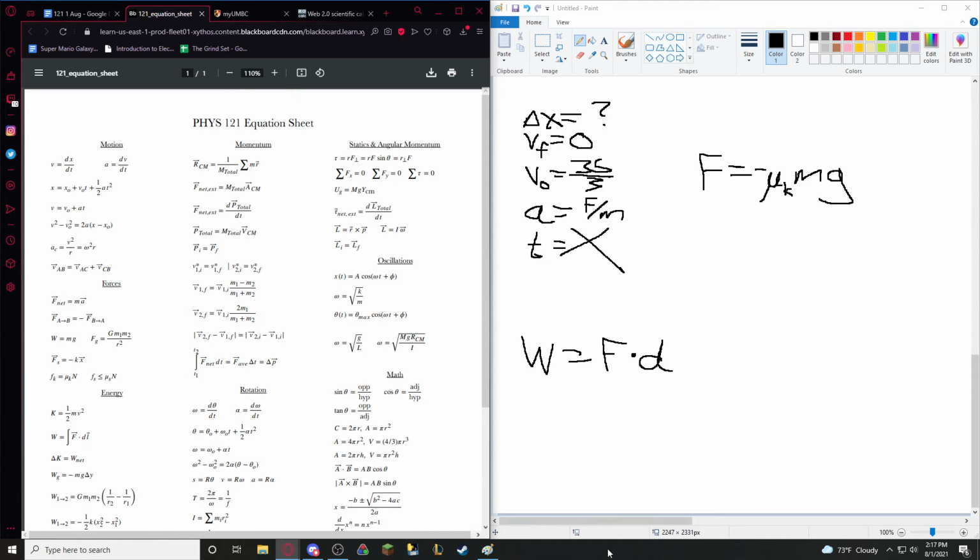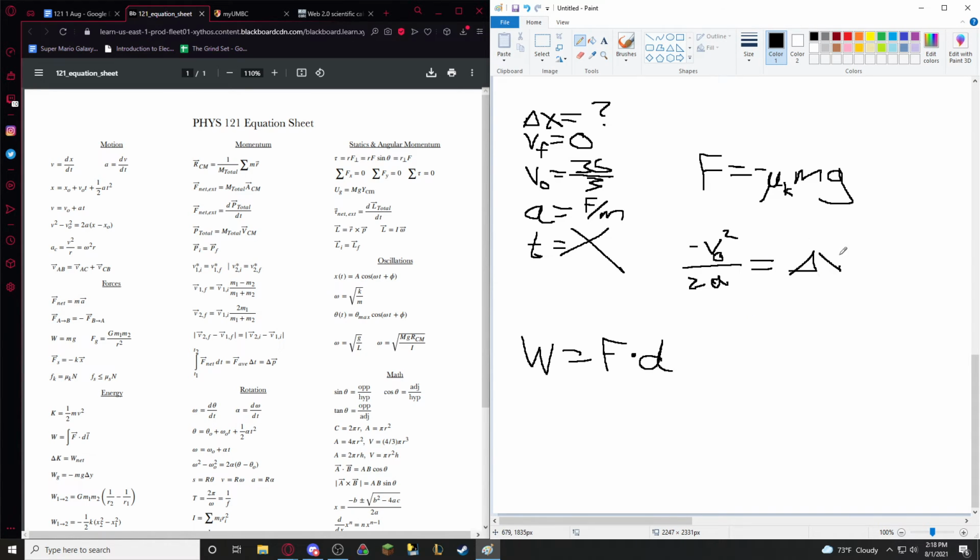If you wanted to take that out, you know that v squared equals, so negative initial velocity squared equals 2 times acceleration times distance, or sorry, negative initial velocity squared over 2 times acceleration equals distance. Well, it's not negative 2 acceleration, but the acceleration itself is negative. Yeah, that's what I was thinking.